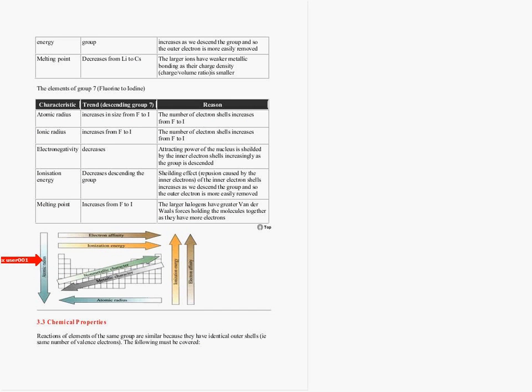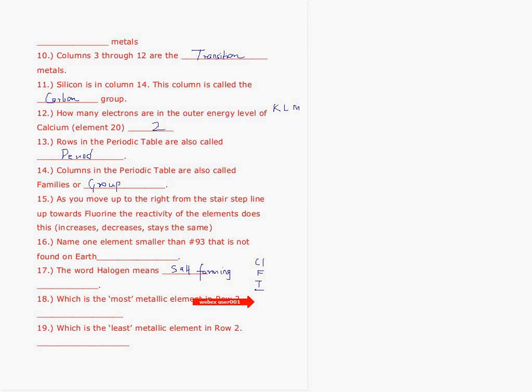This chart is really good to know what happens as we go down, and what happens to atomic radius. As we move across the period from left to right, ionization energy increases, and electron affinity. I'll tell you what that is. Let us finish this. This is the most metallic element in row 2.